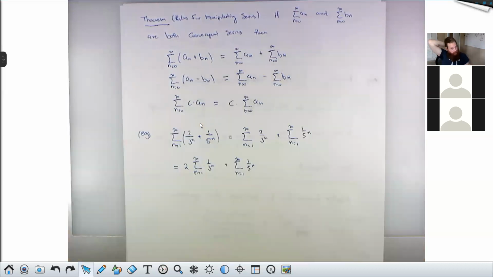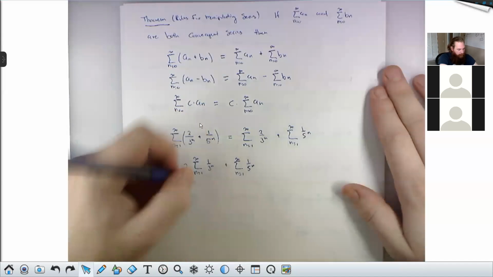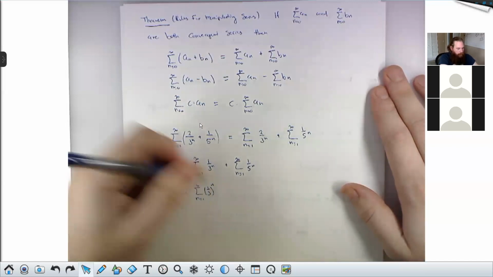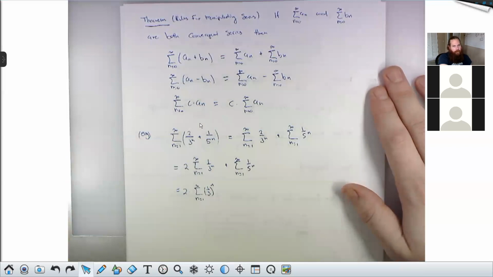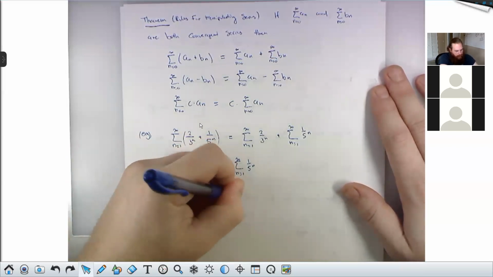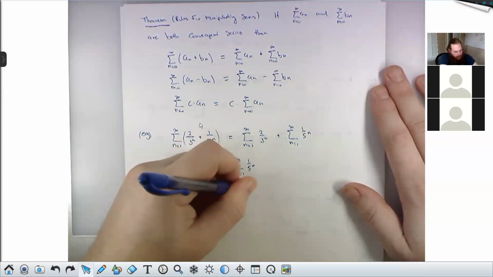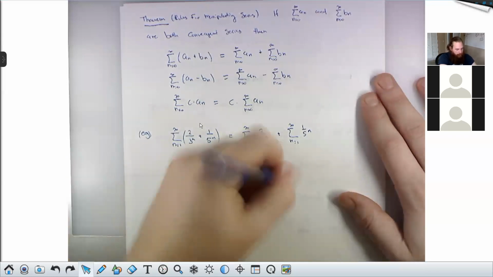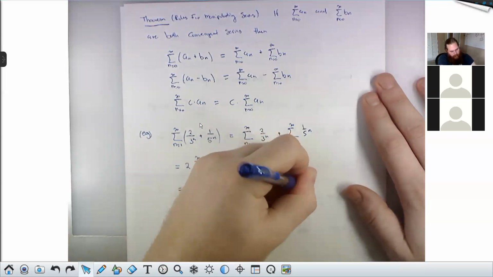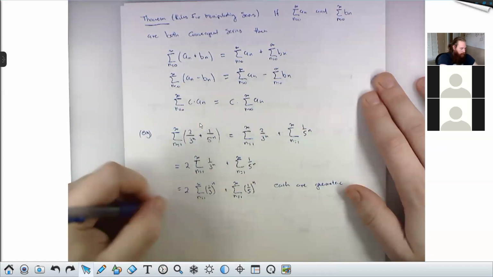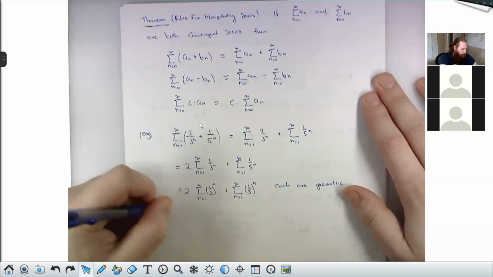And then what's left here are each geometric series. This is the same as 2 times sigma n from 1 to infinity 1/3 to the n, because 1 over 3 to the n is the same as 1/3 to the n, because 1 to the n is 1. And this other guy I can treat as sigma n from 1 to infinity 1/5 to the n. So each of these are geometric. This guy has, I'll call him R1, is 1/3.